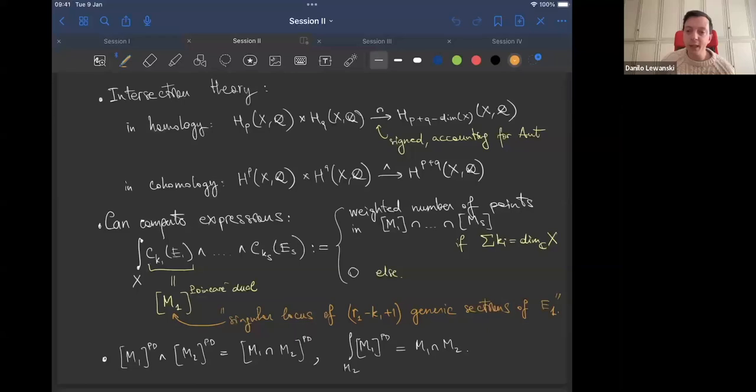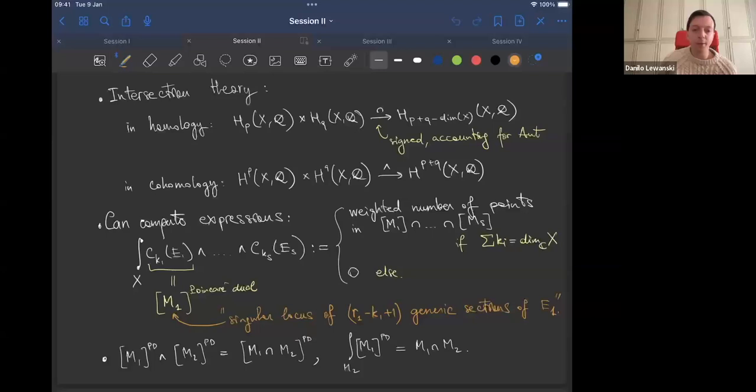In homology, we have the intersection. So if you take an element of the pth homology of X, where X you can think will later become our moduli space of curves, times the qth homology group, you can intersect them into something that lies in the (p plus q minus dimension of X) homology group.